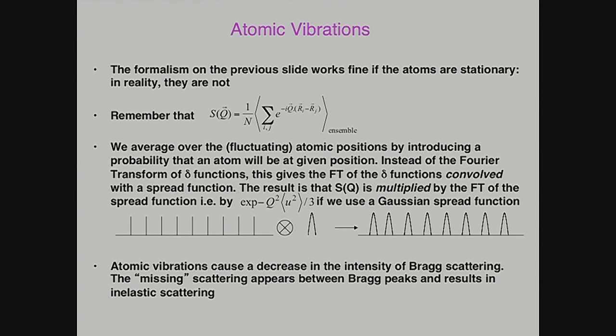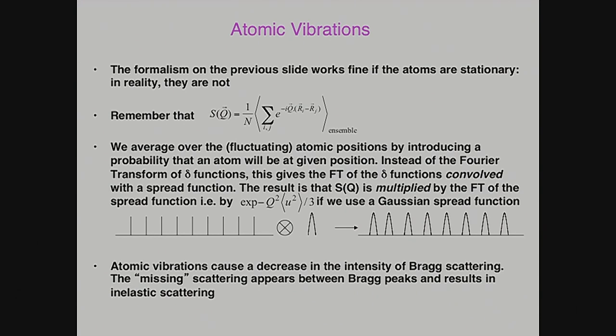I pointed out to you that this kinematic approximation does not have in it the atomic vibrations. So how can we include that? Well, it's pretty easy, because what we're trying to do is Fourier transform a bunch of positions in space.